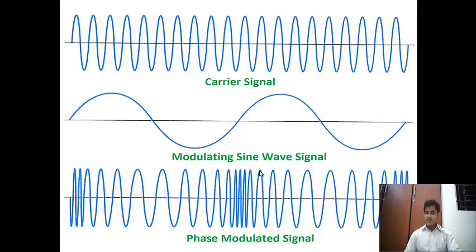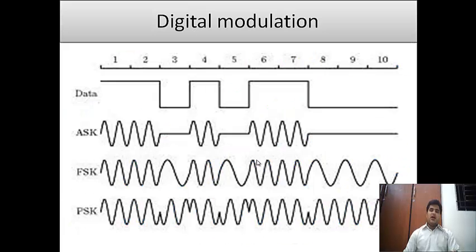Let's discuss digital modulation. In today's world, digital modulation has a very important role. That's why digital modulation is very important. It is very useful for analog to digital converters as well as digital to analog converters.